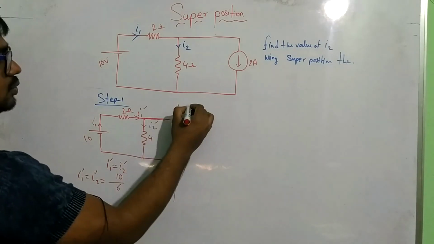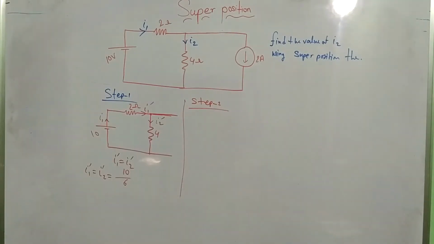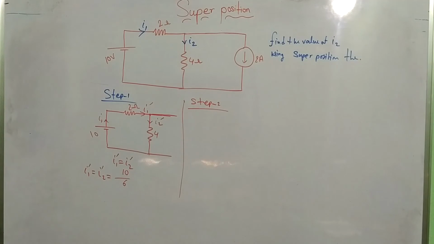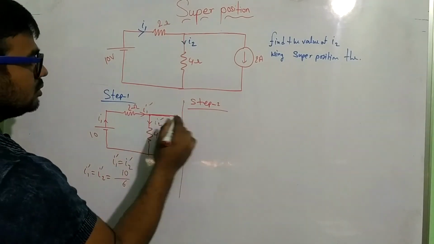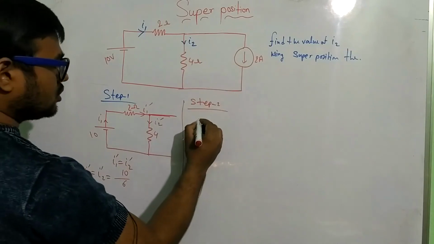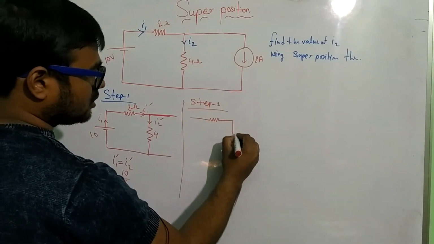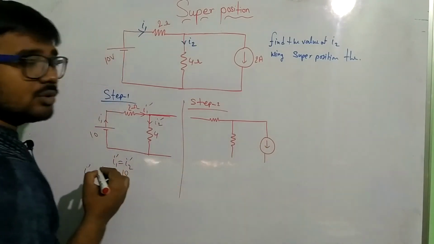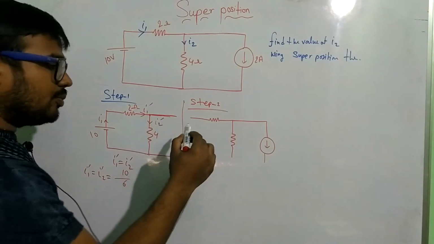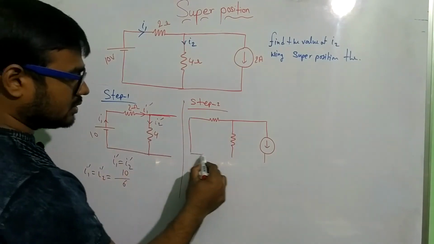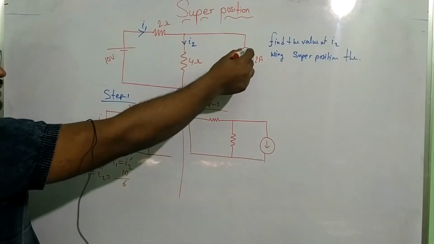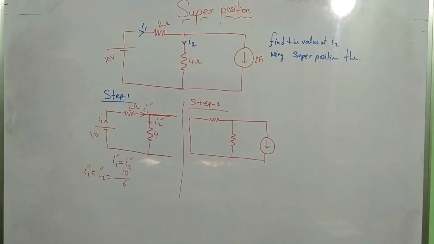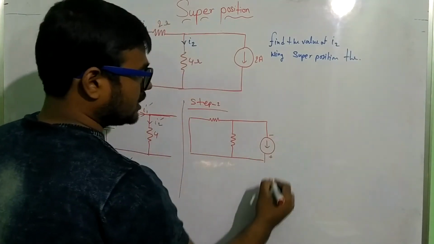Okay, now step 2. Now I am doing step 2. So in step 2, when I am taking this current source, the remaining sources are short or open? Here it is a voltage source, that's why this is a short circuit. I am seeing that here the current direction is opposite, positive, negative.